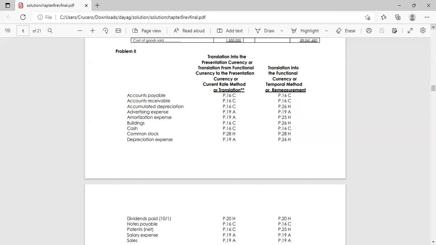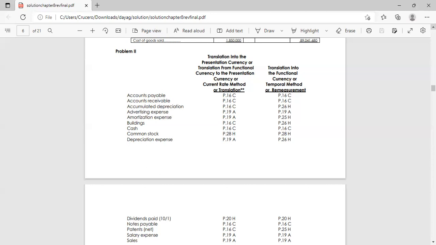Now let's fill up the blanks and whatever rate we are going to use. We are given the exchange rates for one FCU, or foreign currency unit, as of January 1, 20x9, April 1, 20x9, July 1, 20x9, October 1, 20x9, and December 31, 20x9.